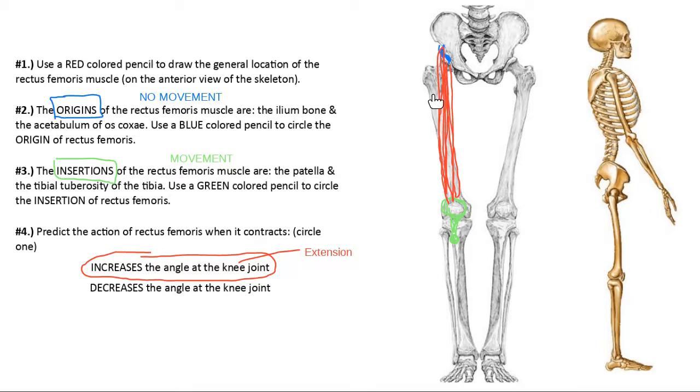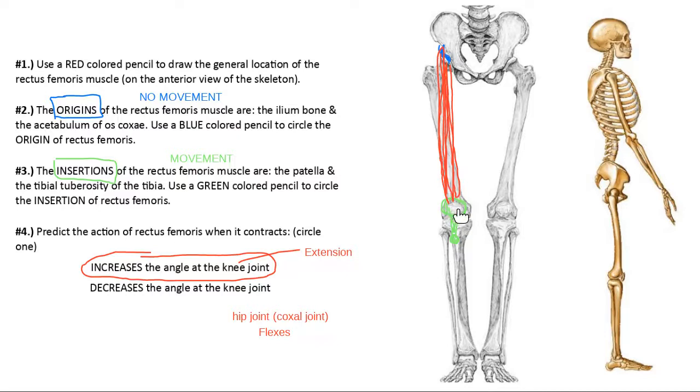So if we were talking about what rectus femoris did at the hip joint, or what's technically called the coxal joint, we would say that rectus femoris actually flexes the coxal joint, because it decreases the angle between the femur and the pelvis. So my attachment site, my insertion, always moves toward my origin.